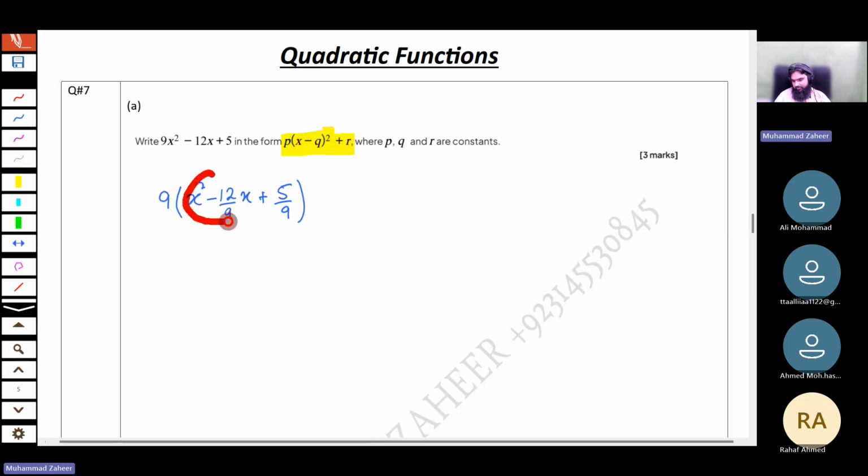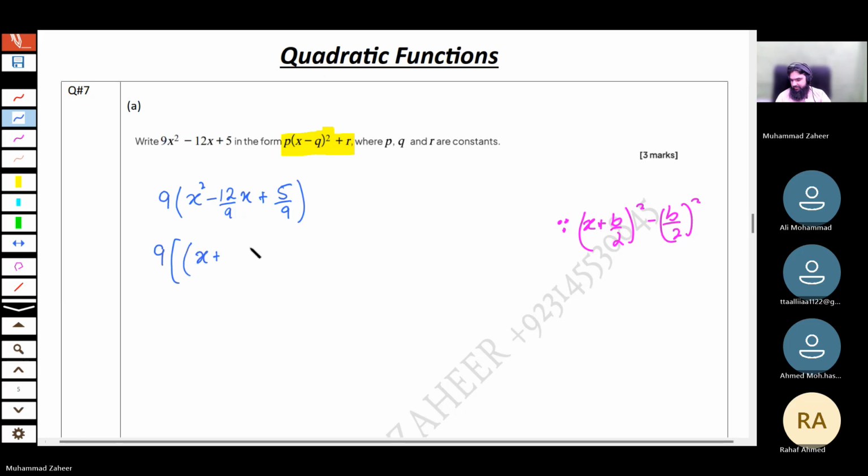Now look here, there is no coefficient of x. The completing square form is x plus b over 2 whole square minus b over 2 whole square. So 9 stays as it is: 9 times x plus b over 2 whole square minus b over 2 whole square plus 5 over 9 as it is.